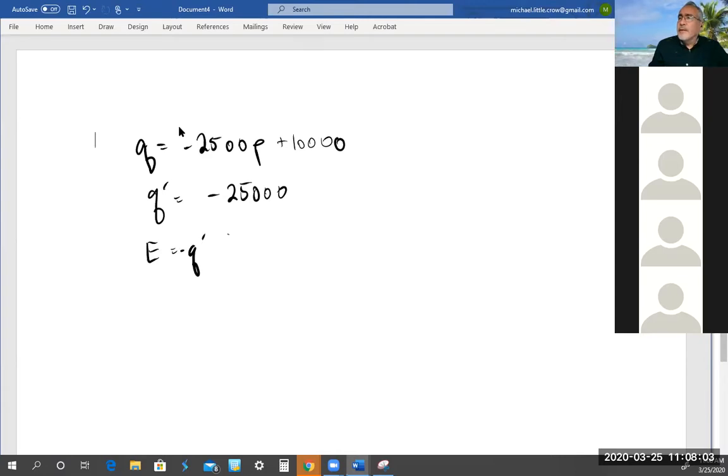Minus the derivative of Q times P over Q. So the derivative of Q is minus 2,500. Again, there's a minus, right? The minus is on the Q from the outside. This is 25. We multiply by P over the Q, which is this equation we came up with.